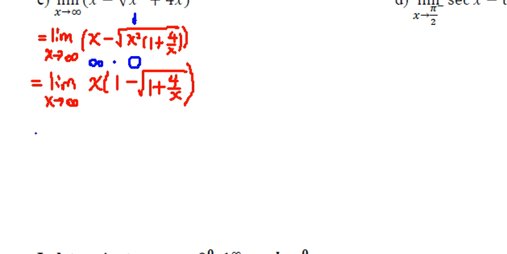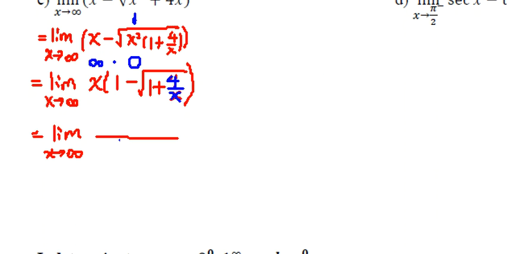Now, if you have infinity times 0, the best way is to convert it into one of the two forms, infinity over infinity or 0 over 0. Here's the reason I choose the way that I'm using. I see 4 over x, in other words, I see 1 over x in here.